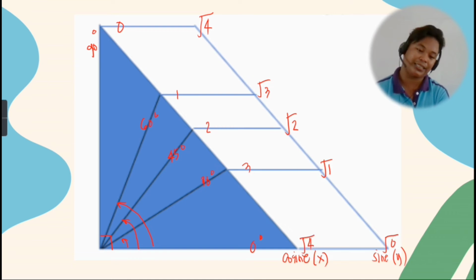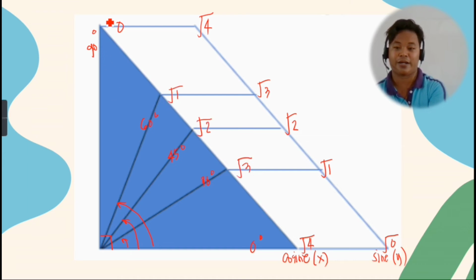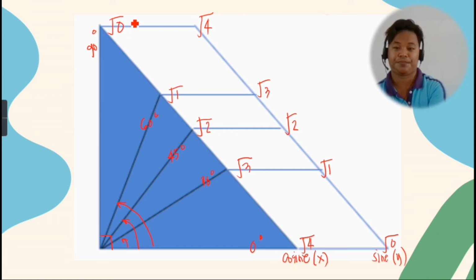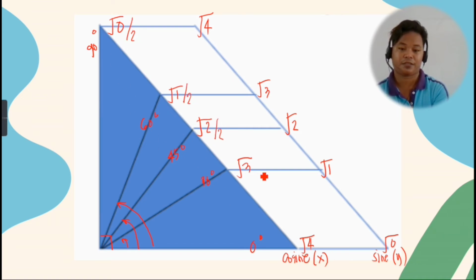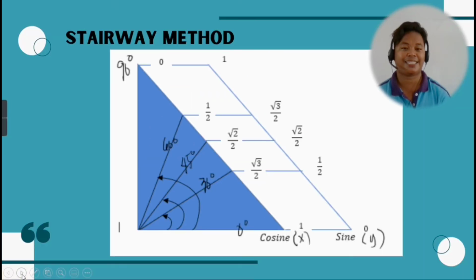Then we take the square root of this other side: 3, square root of 2, square root of 1, square root of 0. Then, after taking the square root, we divide each digit by 2. After simplifying, we now have this simplified method, the stairway method.